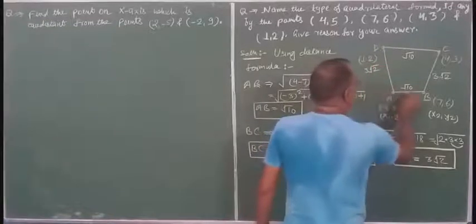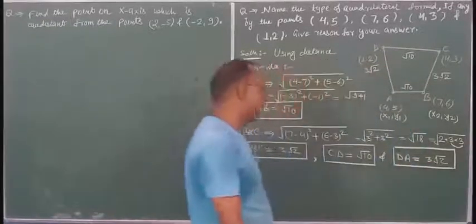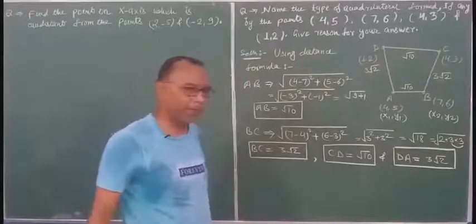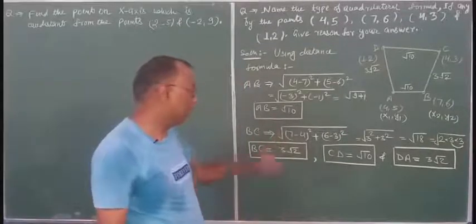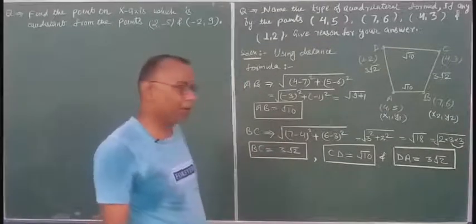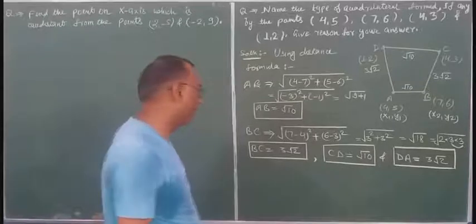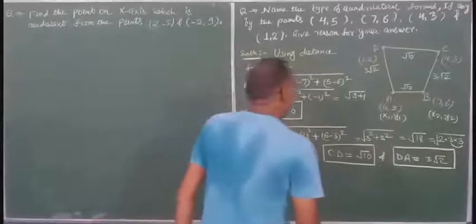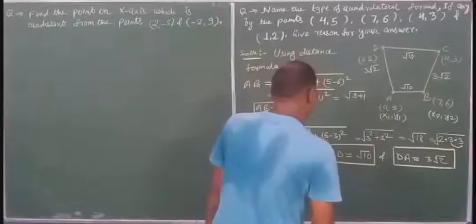So what is happening here? The opposite sides are equal. Opposite sides are equal. It means this is a parallelogram. And now what about the diagonals?